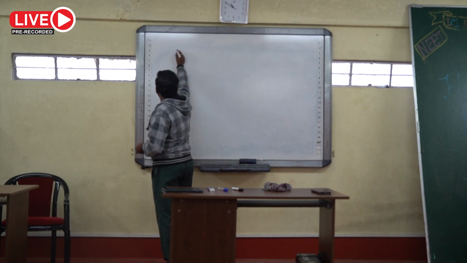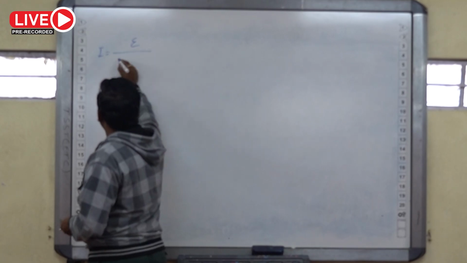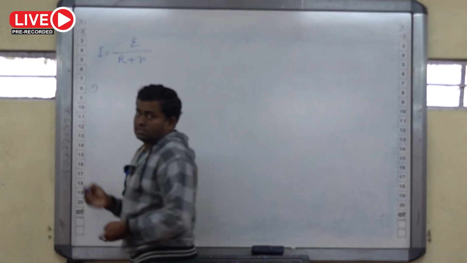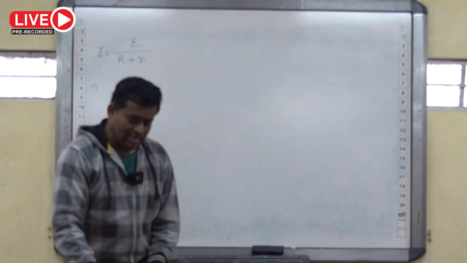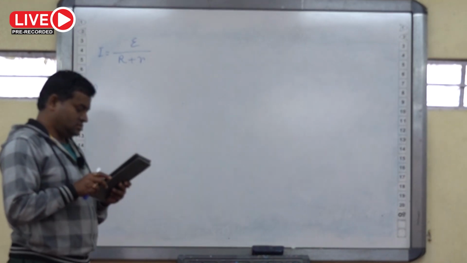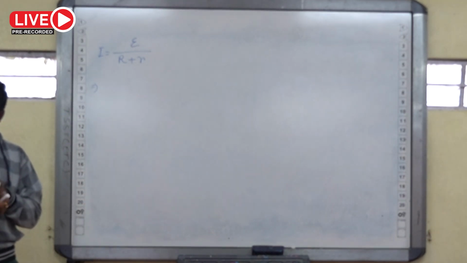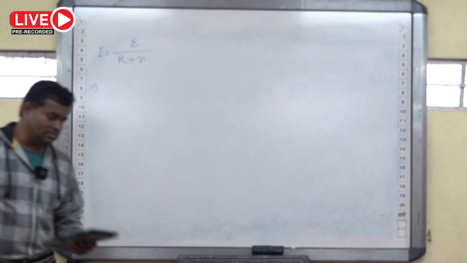See, only this equation you have to use: I equal to E by R plus small r. Okay. So in the first case, it is said that 2 ampere current flows through 2 ohm resistor when connected across a battery.